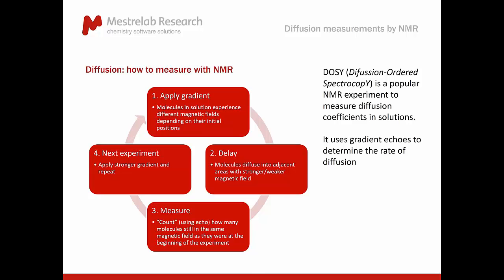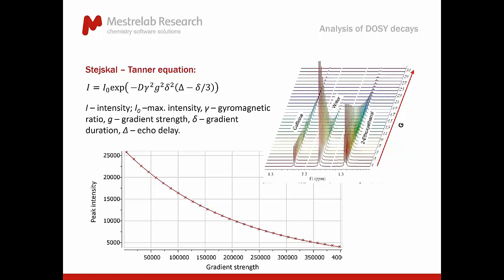So that's what we see at the end. That's a graph you can see. You can see an array of experiments with increasing gradient strengths, and you can see that the signal we are obtaining after the echo sequence is slowly decaying and disappearing. If we take one of those decays, it looks like that.